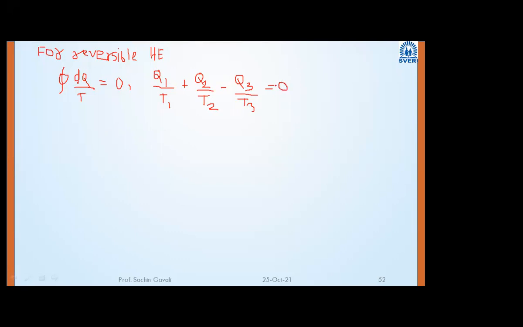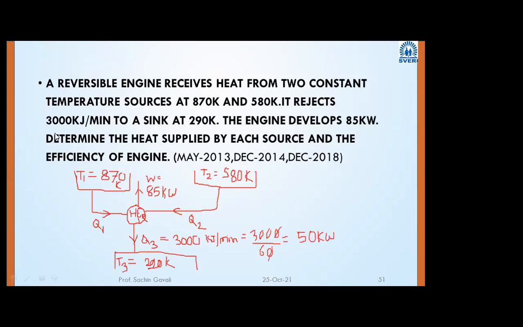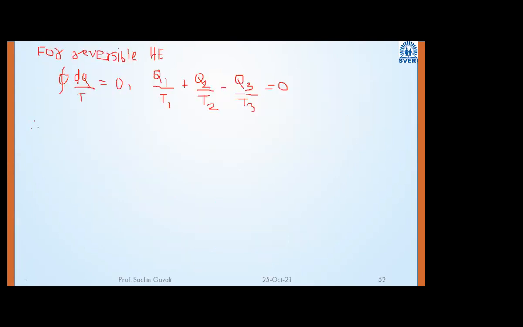0. Put therefore put the values. Q1, what is the value of Q1? We are not knowing Q2, we are not knowing, but T1 870, T2 580, so it is Q1 we are not knowing.